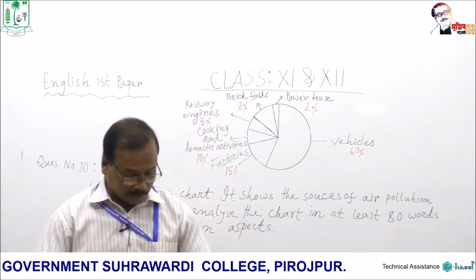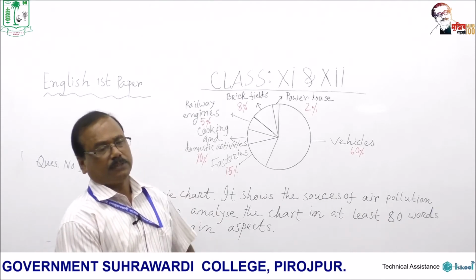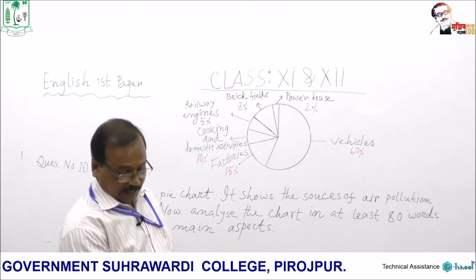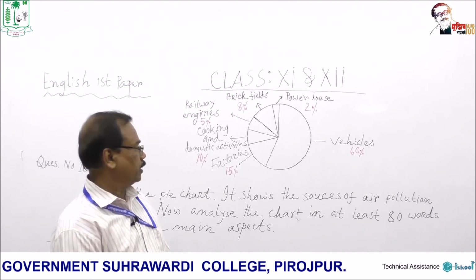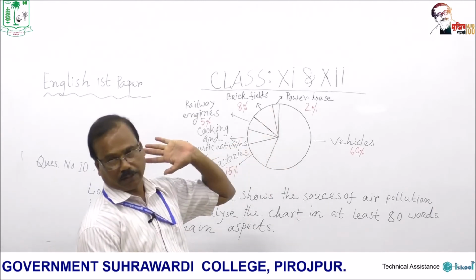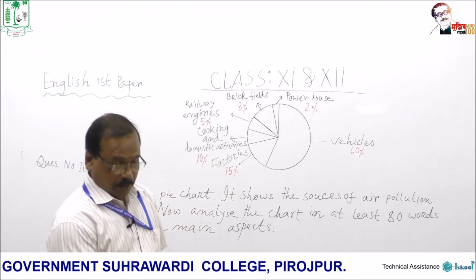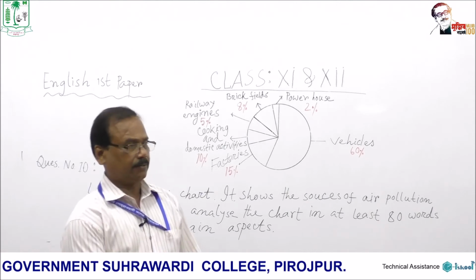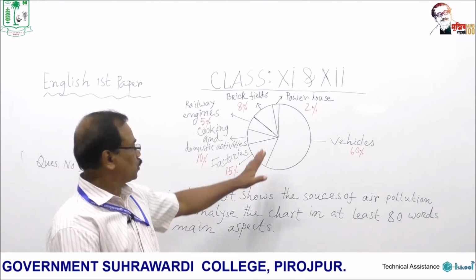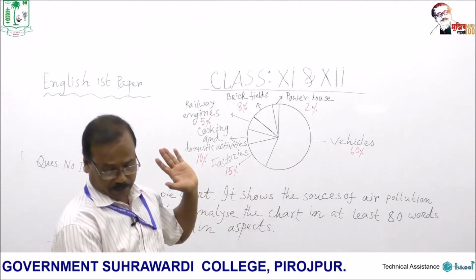Then the second one is: in the chart we notice 6 kinds of sources of air pollution. 6 kinds of sources, 1, 2, 3, 4, 5, 6. Very easy to write. Third sentence: they are. What are those sources? You can mention the names of the sources.